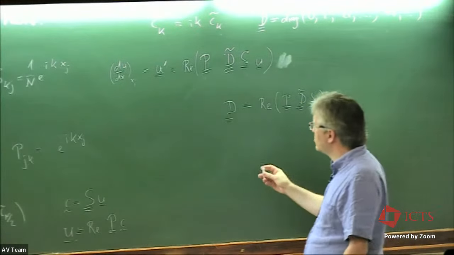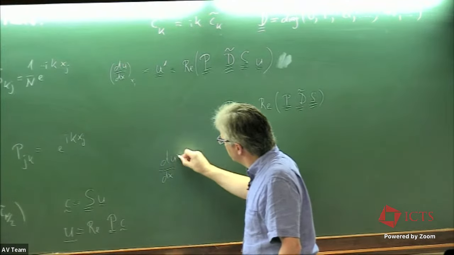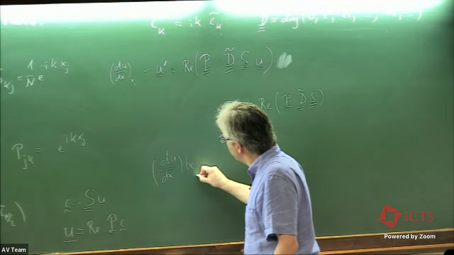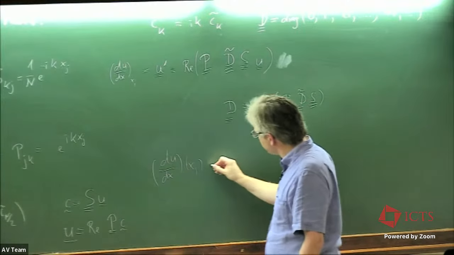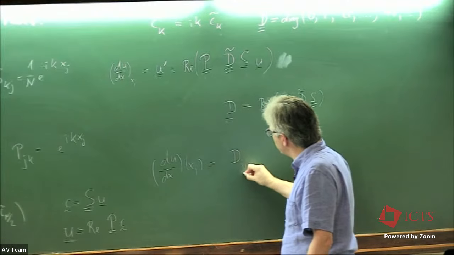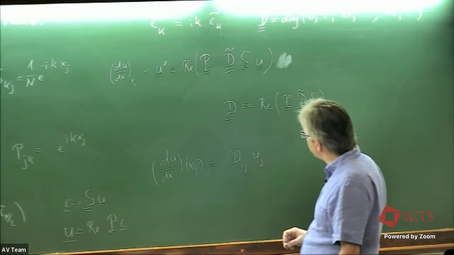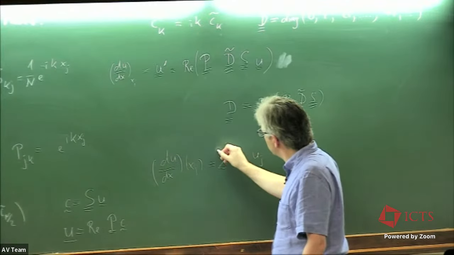So we can now compute derivatives at the grid points as one matrix multiplication times the data at the grid points itself.